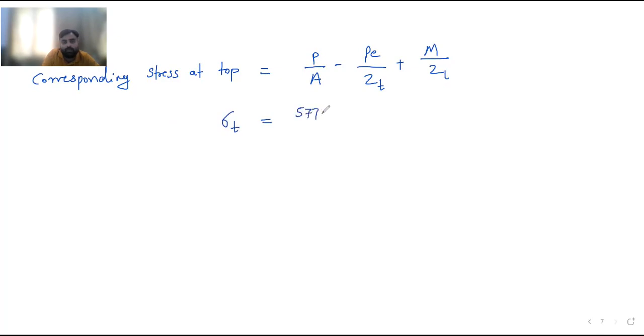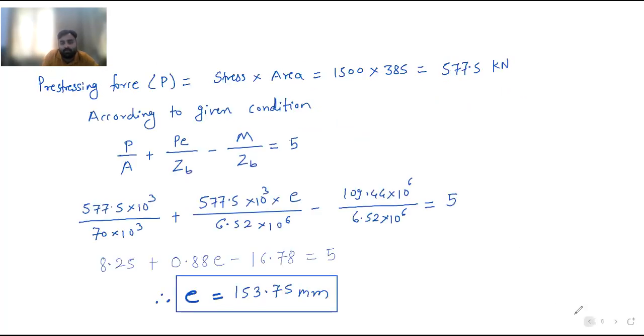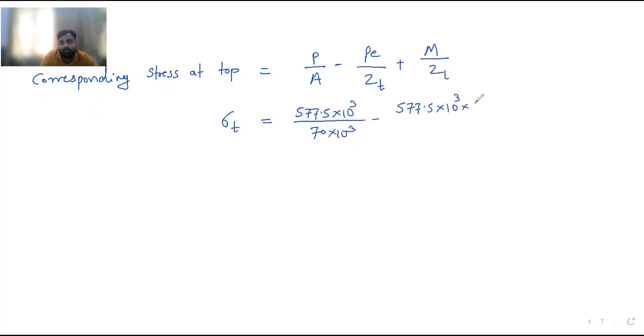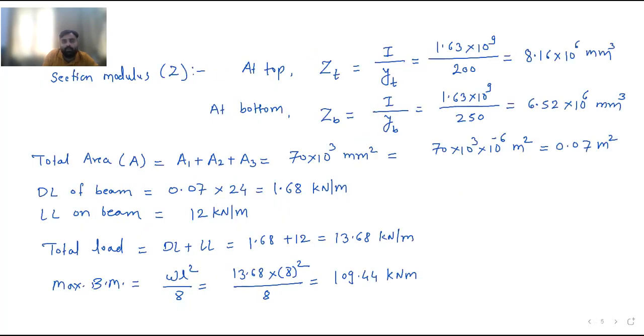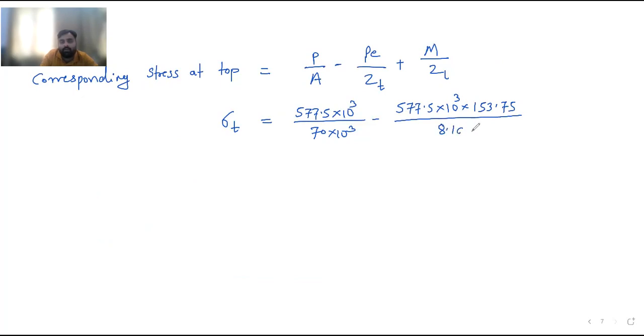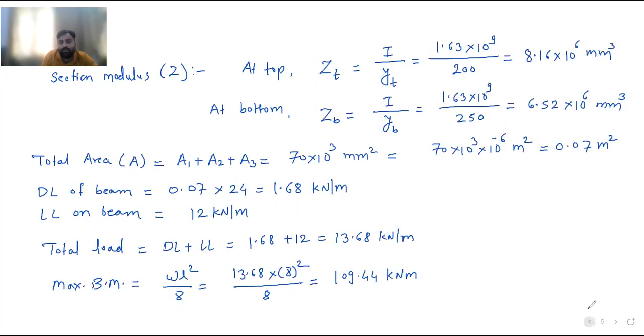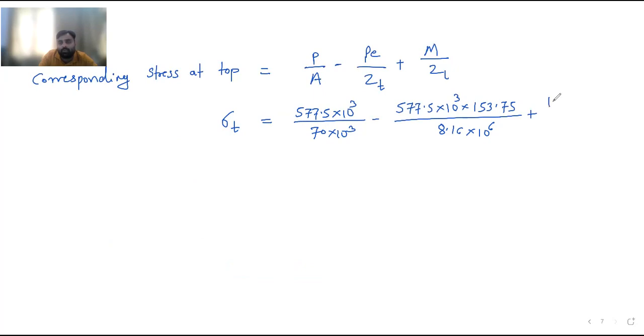So P by A: 577.5 into 10 raised to 3 divided by A, 70 into 10 raised to 3, minus P e, the eccentricity is 153.75, divided by Z top, 8.16 into 10 raised to 6, plus M by Z. What was the value of M we have calculated? 109.44. 109.44 into 10 raised to 6 divided by 8.16 into 10 raised to 6.